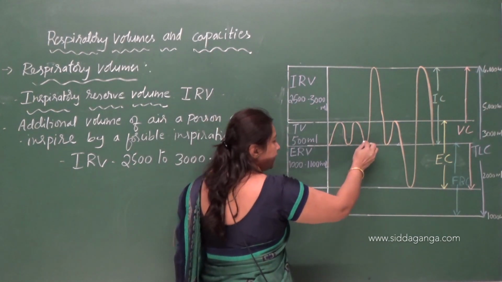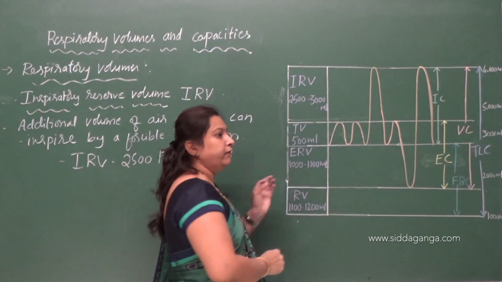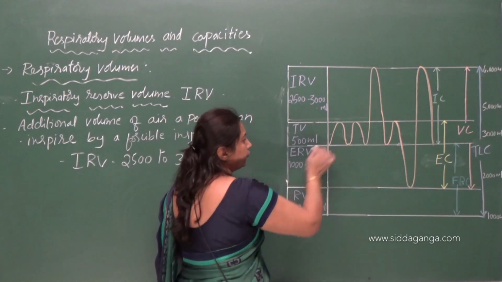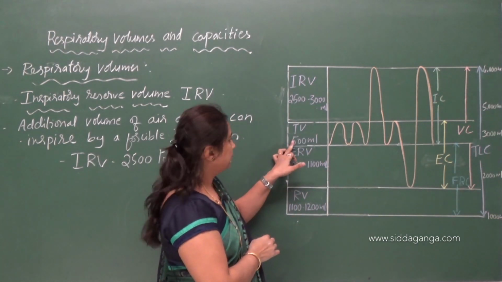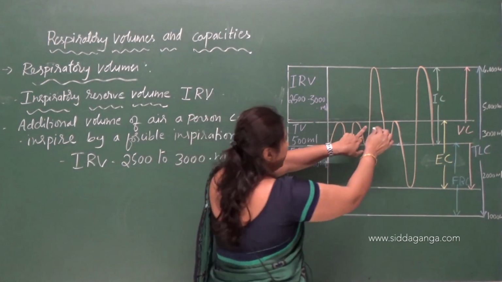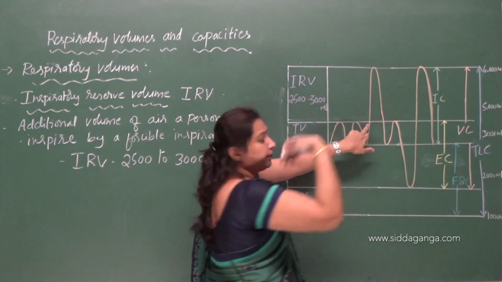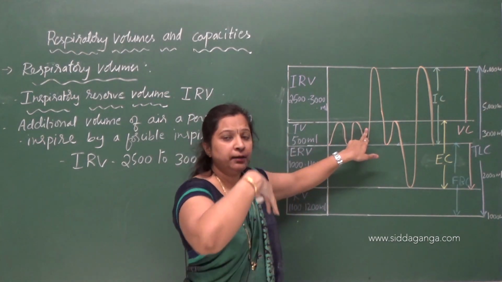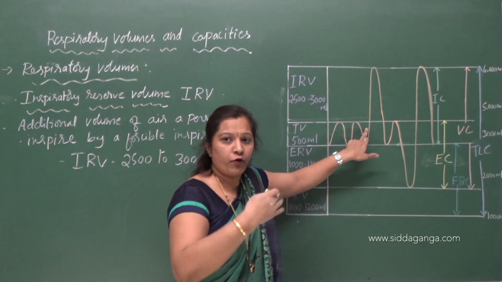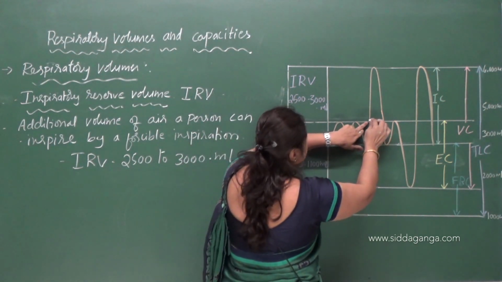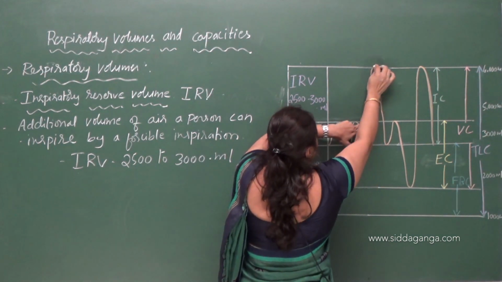Okay, so when we inhale the air normally, how much volume of air will go inside? 500 ml of air goes in. Okay, and if we take a deep breath after normal inhalation, that becomes the forcible inspiration, right?